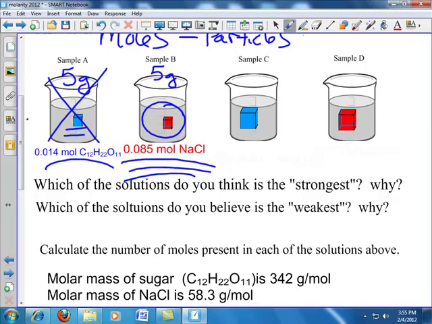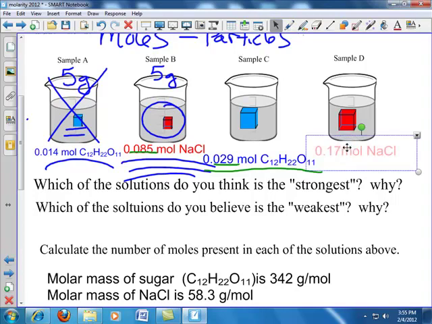So then I would think, well, if I put in 10 grams of sugar, that 10 grams of sugar would certainly be more than 5 grams of NaCl. But what you realize is it's actually not. Okay? 0.085 moles of NaCl is much bigger than 0.029 moles of sugar. So in fact, we go all the way to sample D, and we say that in sample D we have 0.17 moles of NaCl.